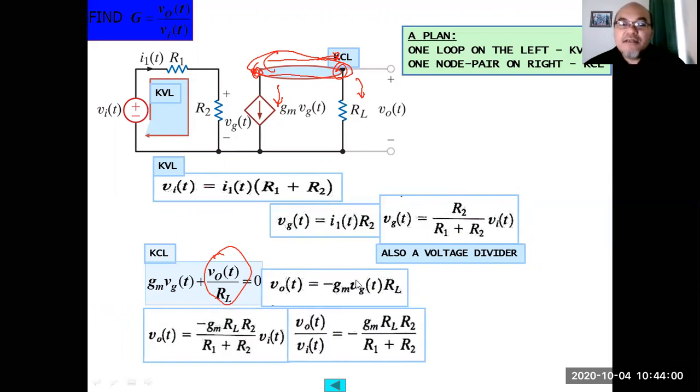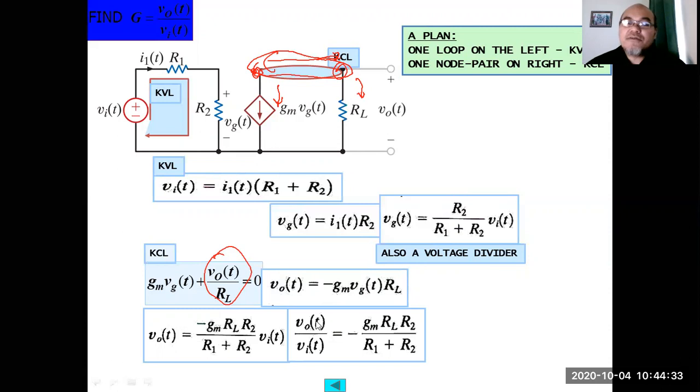Then we substitute the value of VG from the Kirchhoff voltage law of the left side, and we obtain minus gm multiplied by RL, and then multiplied by R2, multiplied by VIT, divided by R1 plus R2. Since the question is the gain VOT divided by VIT, we just need to move this VIT from the right side to the left side, where it becomes the denominator.